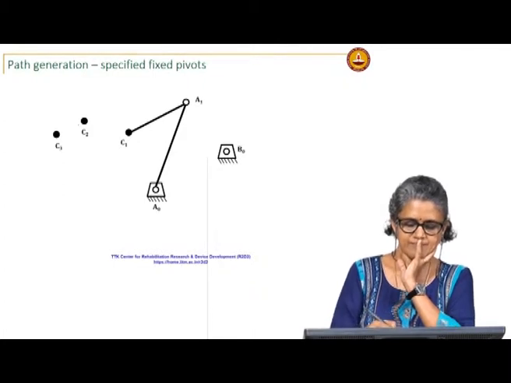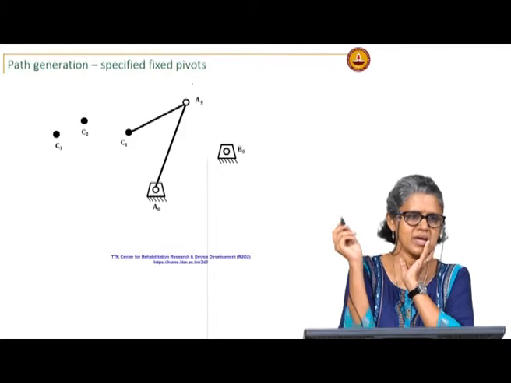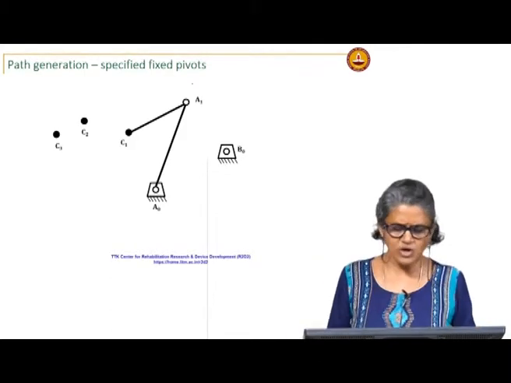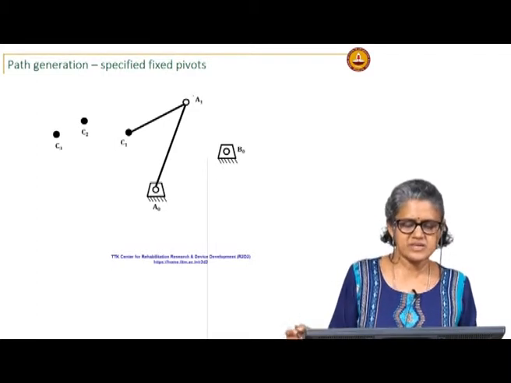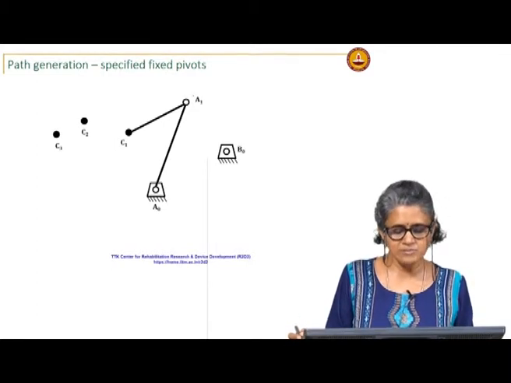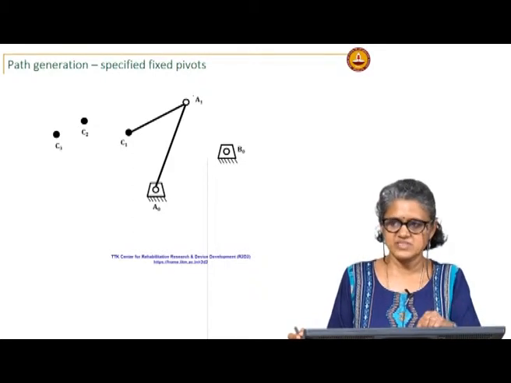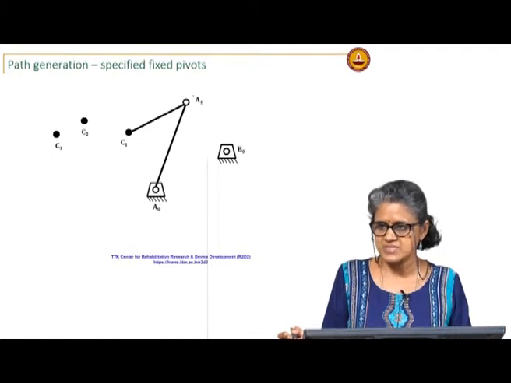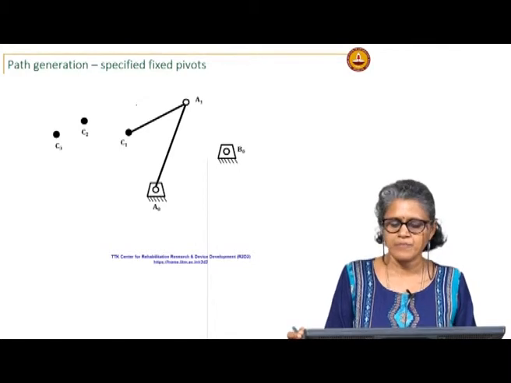I can pick some point A, say I am given A0 A1. Now, I want to find out how to design this for specified fixed pivots, so that it generates this path: C1 moves to C2, moves to C3, where C is a point on the coupler.